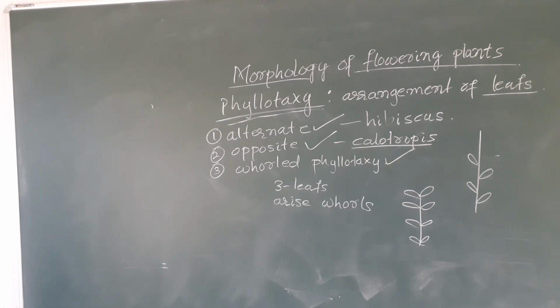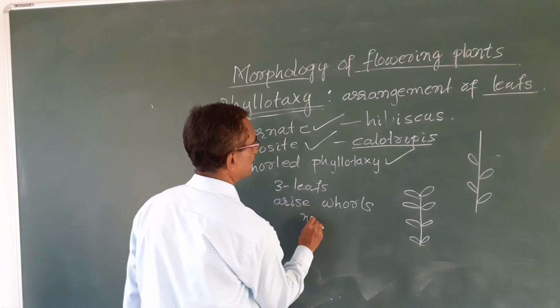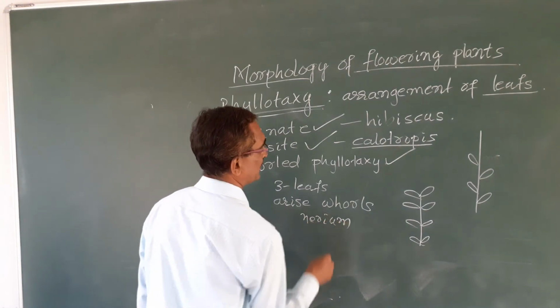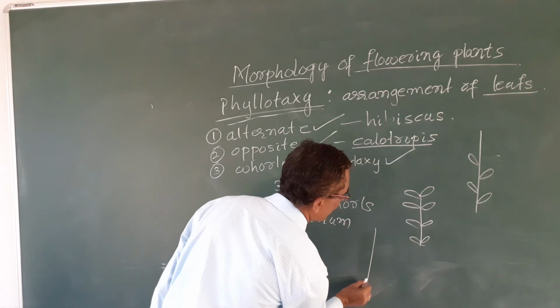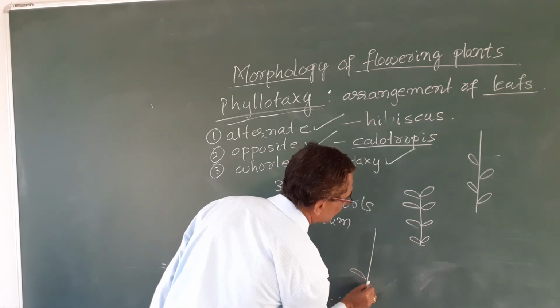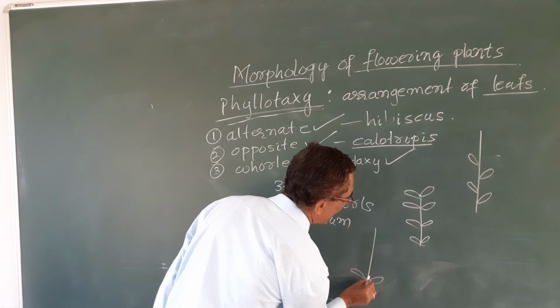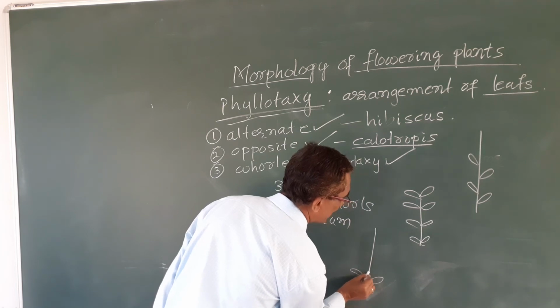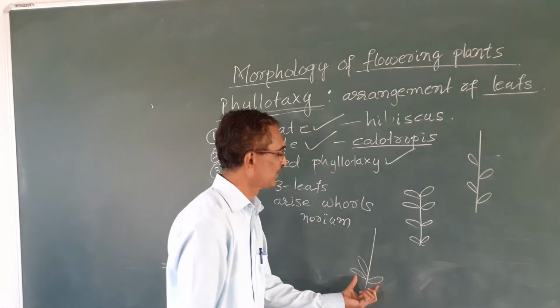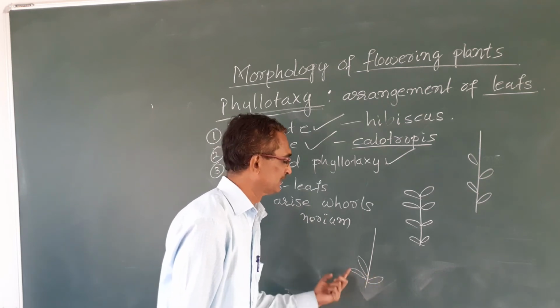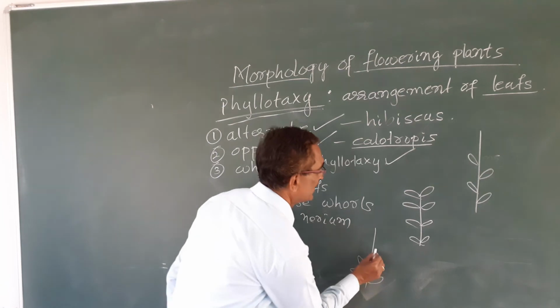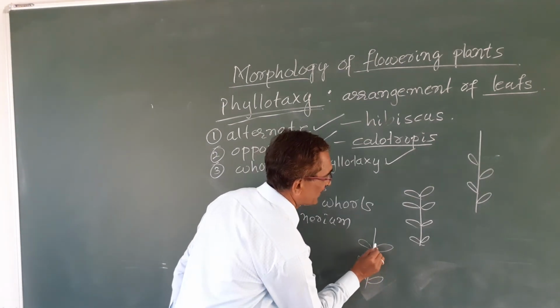Whorl means in a circle. An example for this is nerium. You see what happens? Three or more leaves arise at each node in whorls, that is, in a circular fashion.